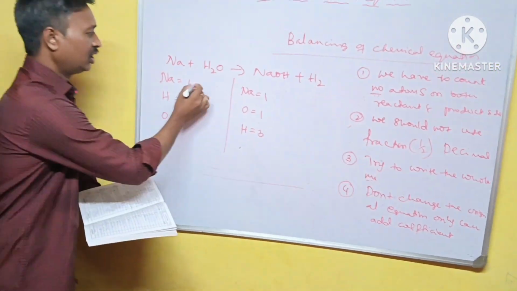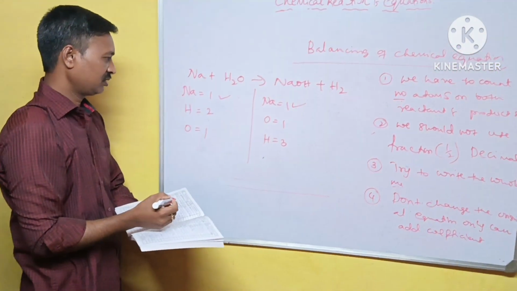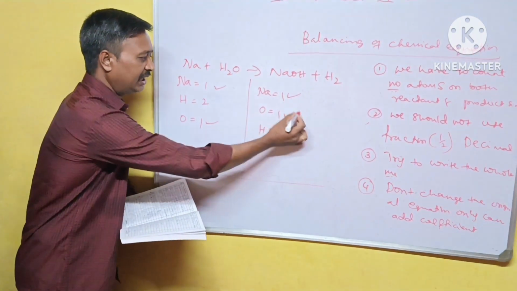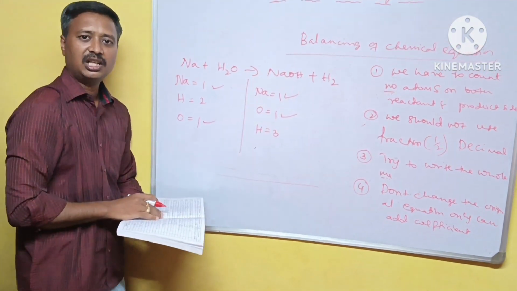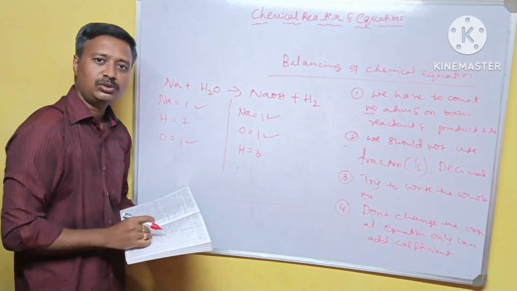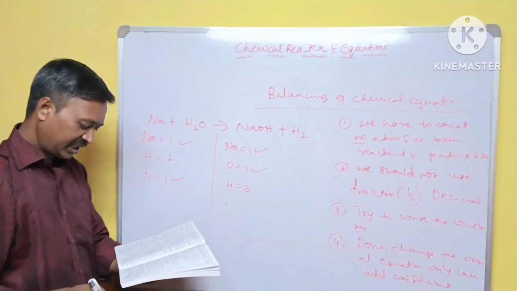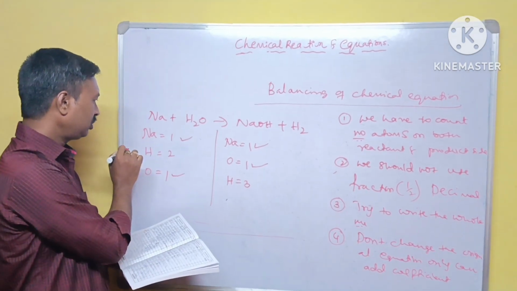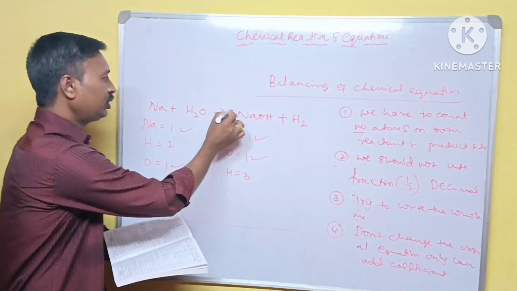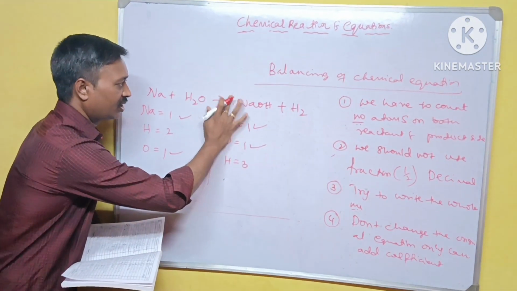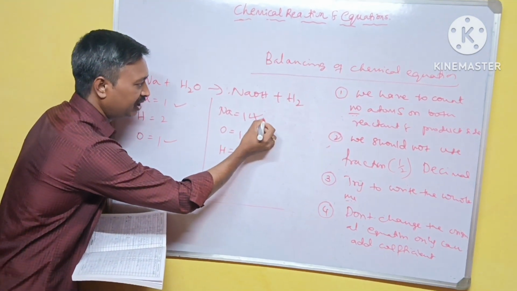Is it balanced? Sodium balanced. Oxygen balanced, but hydrogen was not balanced. Now what do we have to do? We have to balance the hydrogen. Very simple one. Put 2 here. Multiply the Na with 2.